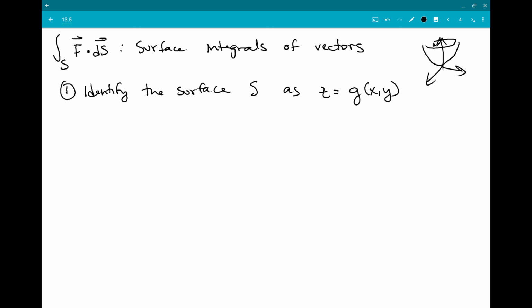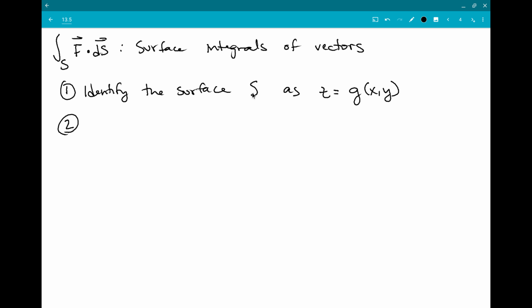Here's z equal to x squared plus y squared, so your g of x, y would be x squared plus y squared. For example, that's a thing you know how to plot and a surface that you're pretty familiar with. I'm going to erase that though, because I don't want you to think that you can only do this for that type of surface.